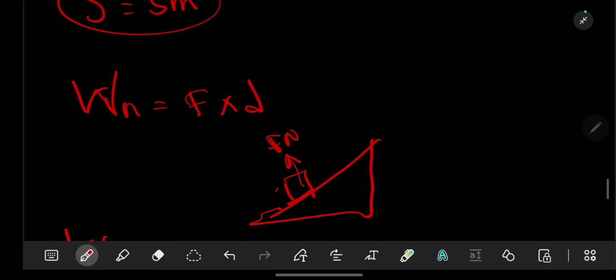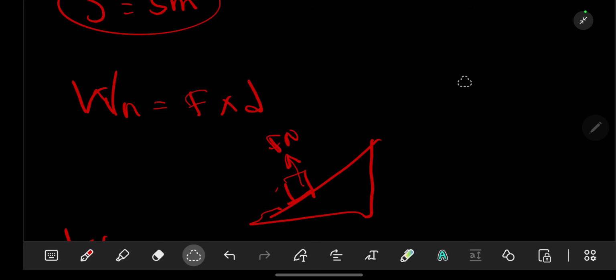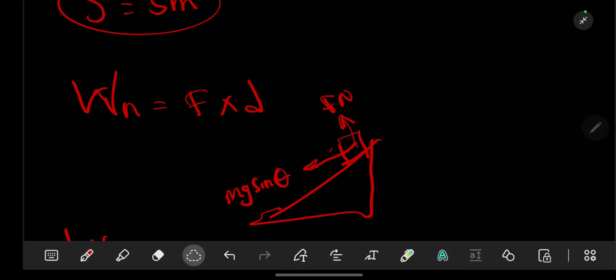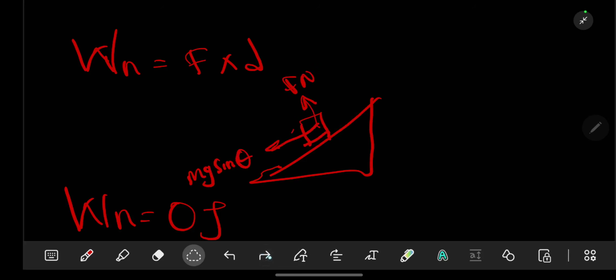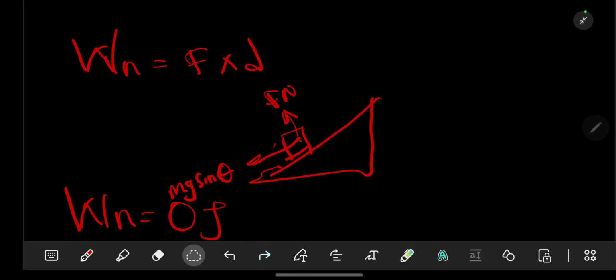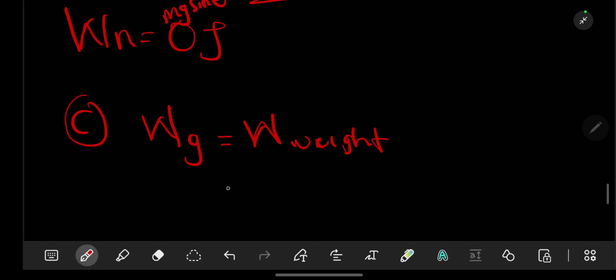The one that is pushing it down, if you recall, as we can see, is the mg sine of theta. This force is the one that is associated with gravity, because gravity pulls things down. So we have the force mg sine of theta times the distance moved, which is the distance along the ramp.